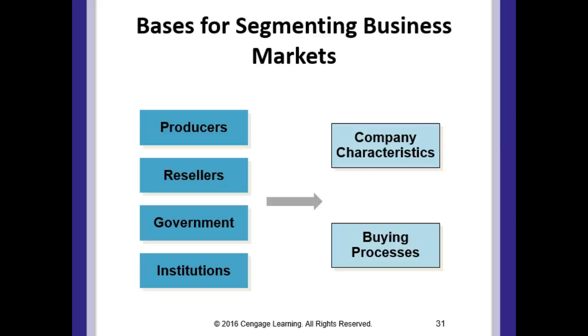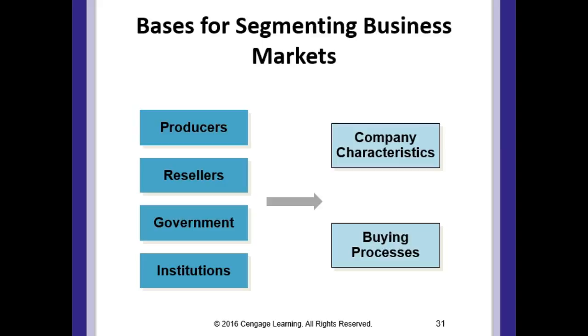All right, the basis for segmenting business markets. These are customers that are buying your product not for final use; they're buying it for other purposes. As you can see on the slide, the left-hand side consists of four major segments: producers, resellers, governments, and institutions.